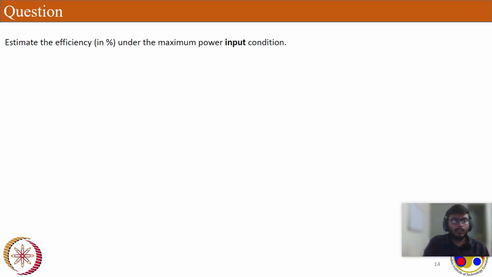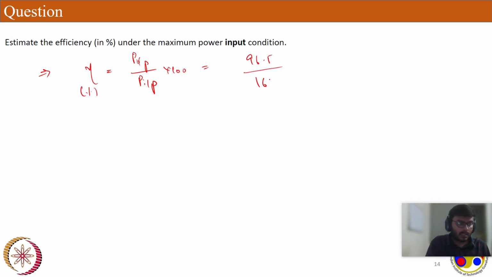Now we just have to calculate the efficiency. Efficiency in percentage is equal to output power by input power into 100. Now what is the output power? It is 96.5 divided by 164.7, both in kilowatts, multiplied by 100.